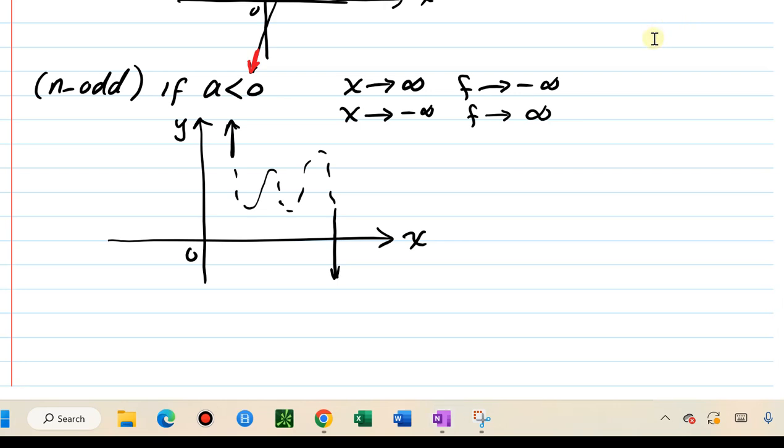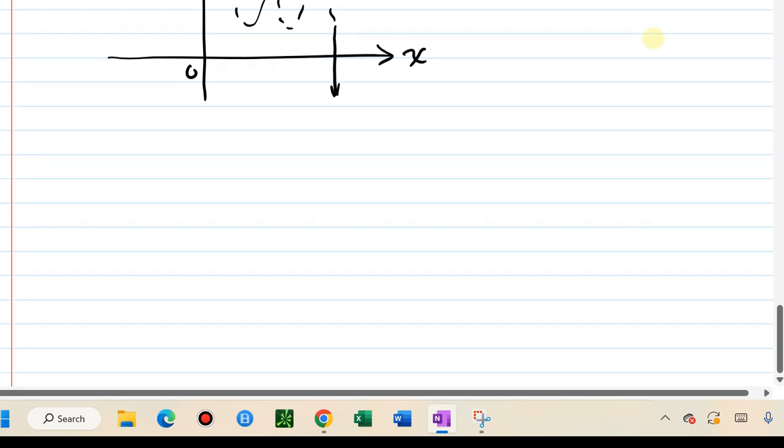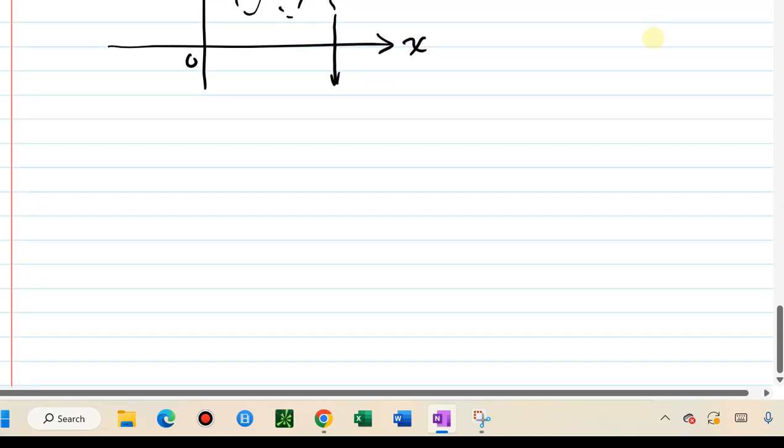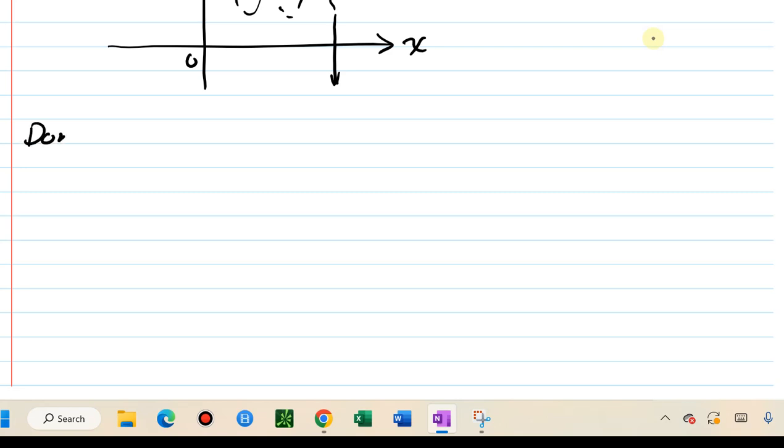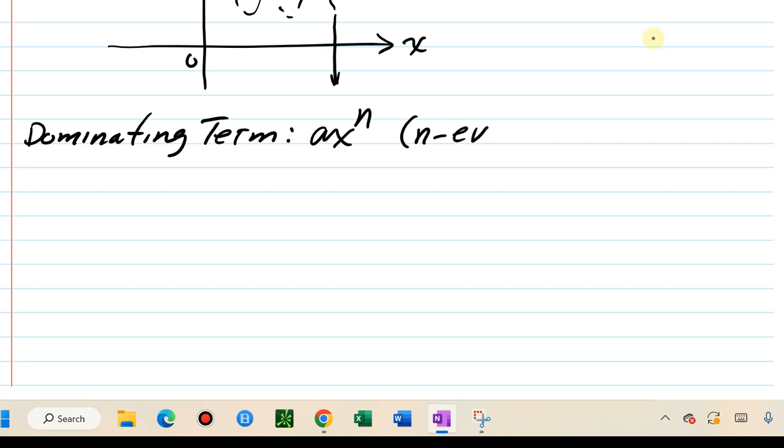Now, what if n is even? Let's take a look at this scenario where n is even. So we're going to change our dominating term now. The dominating term is still a x to the n. Remember, that's the leading term. But this time, we're going to make n even.